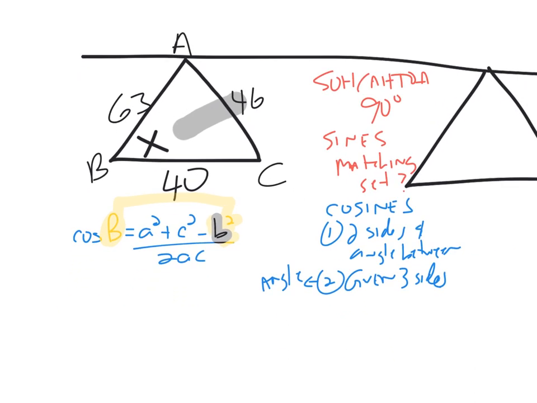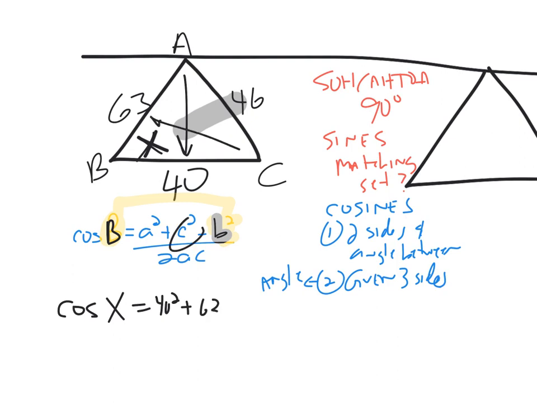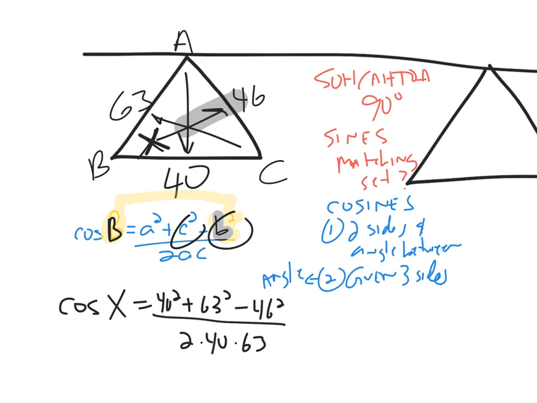So here we're going to plug in. We're going to have the cosine of angle B, so that's going to be x. That equals a squared, so that's 40 squared, plus c squared, so that's 63 squared, minus b squared, so that's 46 squared, over 2 times a times c. 2 times 40 times 63.